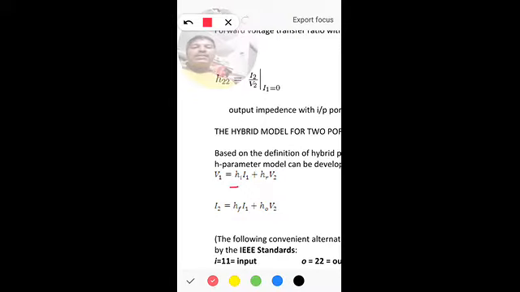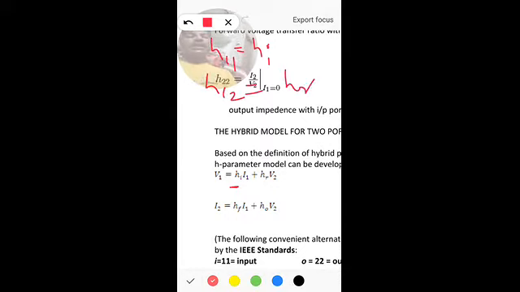H21 we can represent as HF, and H22 we can represent as H0.